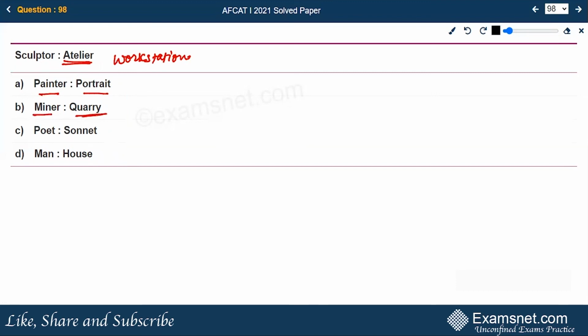Miner works at quarry. Quarries are the big deep pits which are dug to find minerals or other important substances. Poet writes the sonnet. Man lives in the house. Therefore, the only option which matches exactly with the given question is option B, miner quarry.